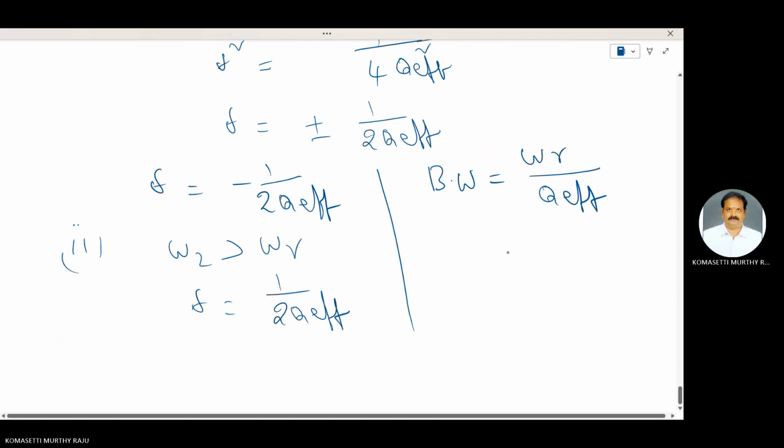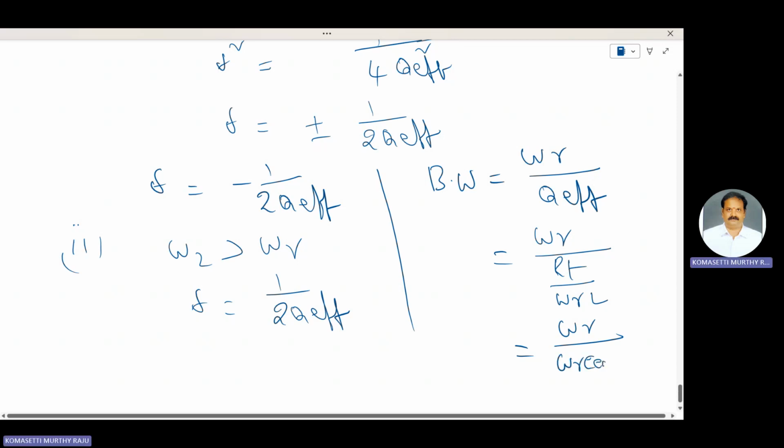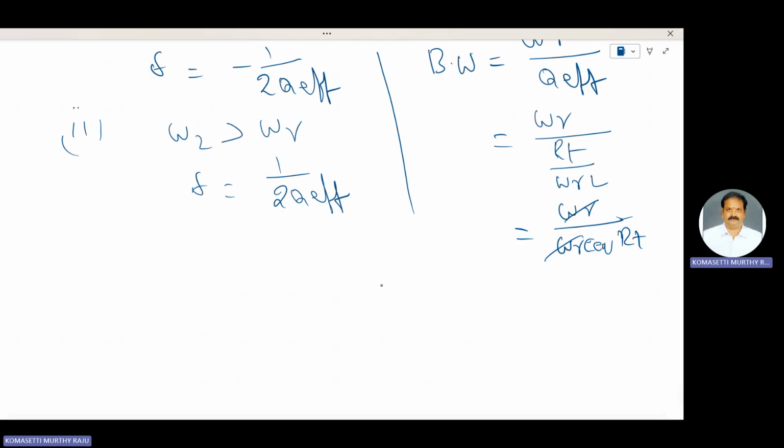That is omega r by Q effective, and Q effective is RT by omega r L. For inductance, 1 by omega r L is equal to omega r C equivalent, so Q effective is omega r C equivalent into RT. Omega r is cancelled.